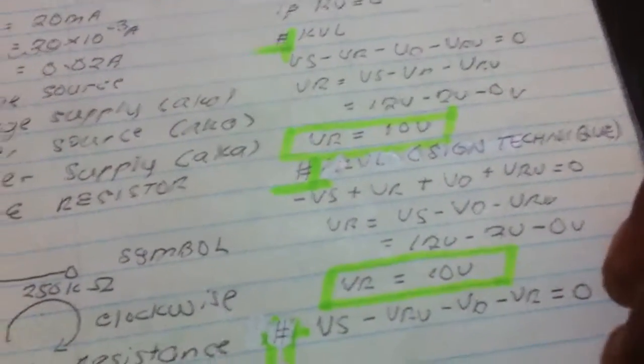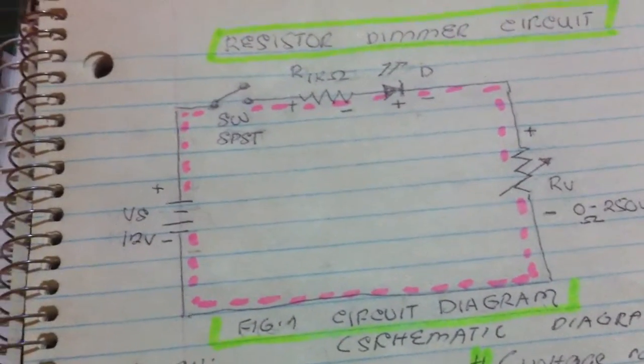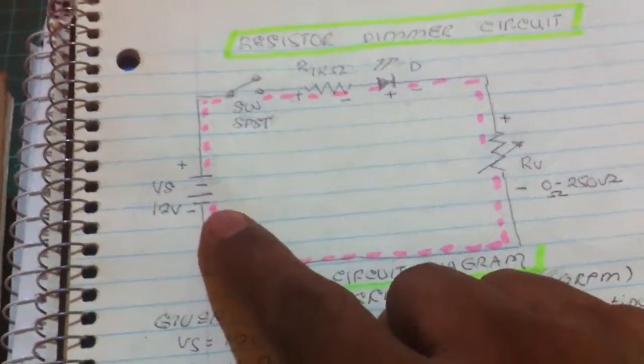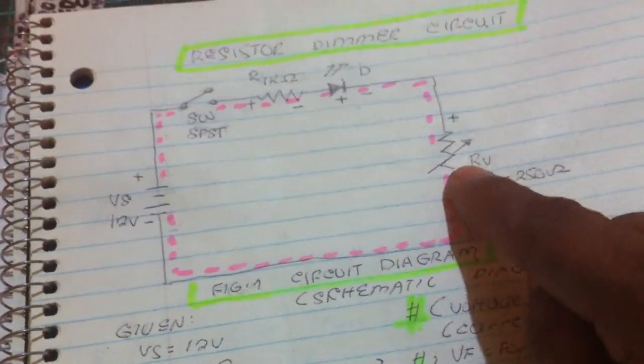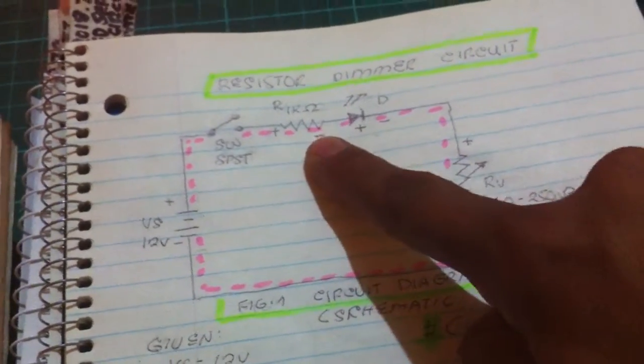So, let us use another technique here. You're asking me where the current flows also? It also flows here. When you follow the sign technique, plus, minus, minus, minus.